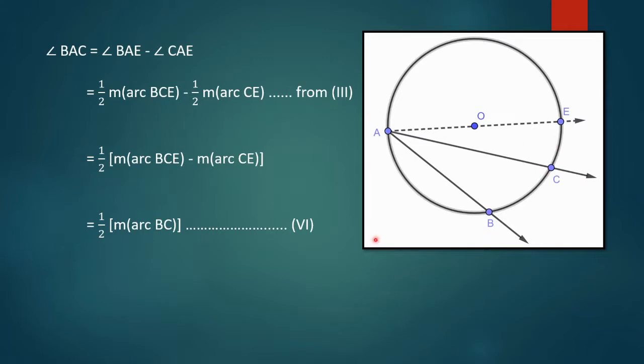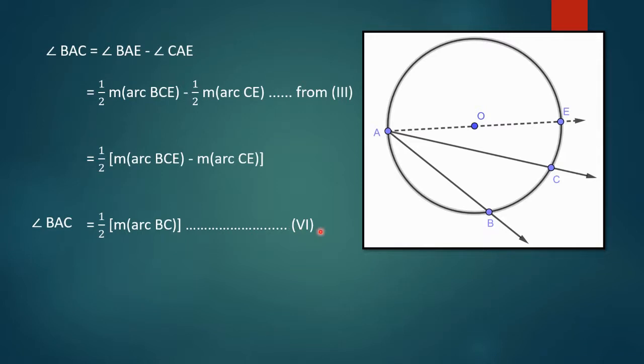Therefore, in this step, we can take the half common outside. What we'll be remaining with is measure arc BCE minus measure arc CE. Now, if you notice in the diagram, measure arc BCE minus arc CE will be arc BC. So, we replace this with arc BC. Therefore, measure angle BAC will be equal to half of measure arc BC. We number this as equation 6.